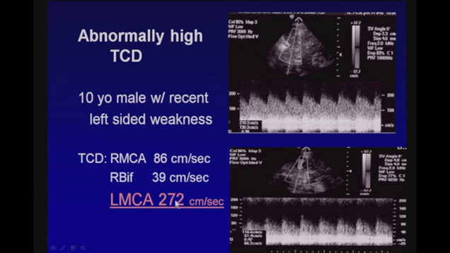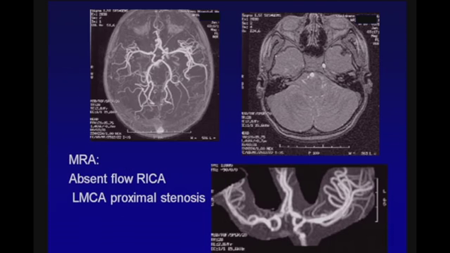The actual time average maximum mean velocity measured 370 centimeters per second. And one notices that actually on the right, the velocities were unusually low. MR demonstrated absent flow in the right ICA with proximal stenosis of the left MCA. The patient was immediately started on transfusion therapy and has remained stroke-free.